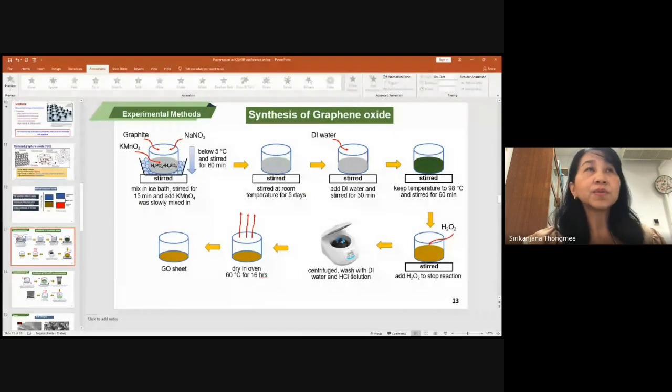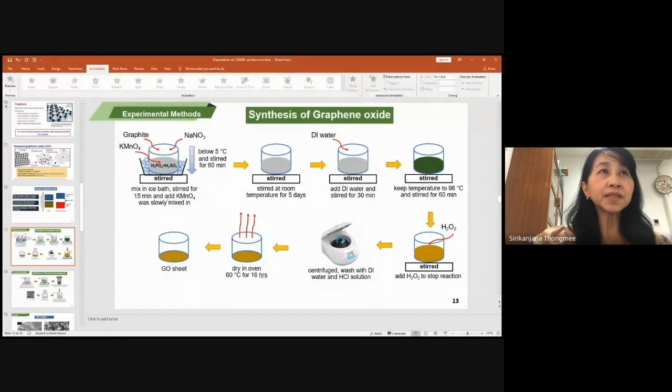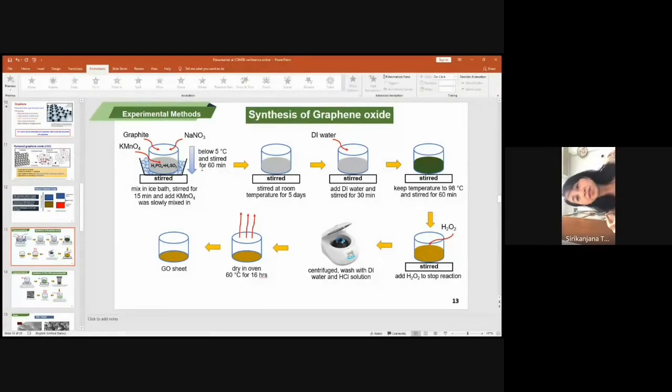Let's come to the experimental method. In this work, we start by synthesizing graphene oxide using the Hummers method. Firstly, we start from graphite and put it in potassium permanganate and sodium nitrate, and stir for 15 minutes at a temperature of 5 degrees C, then stir for 60 minutes.